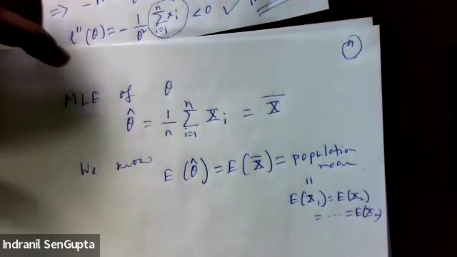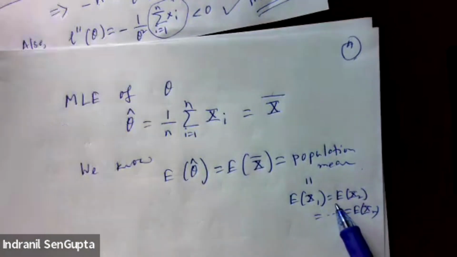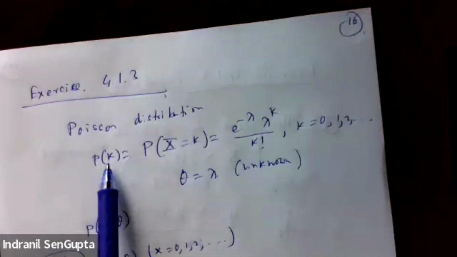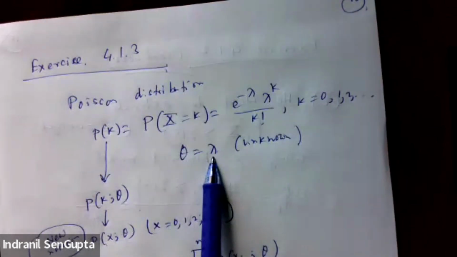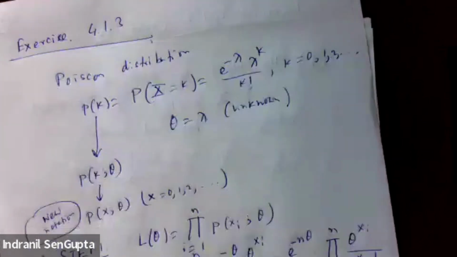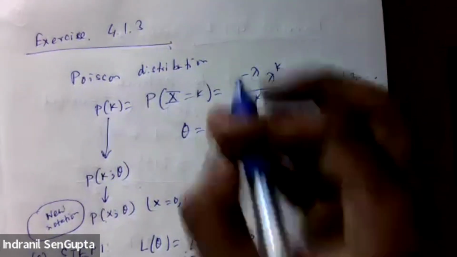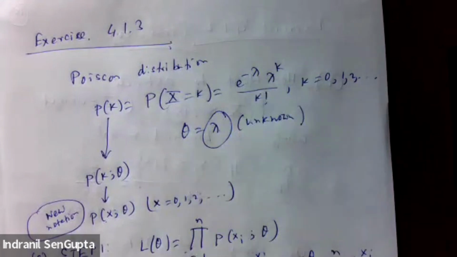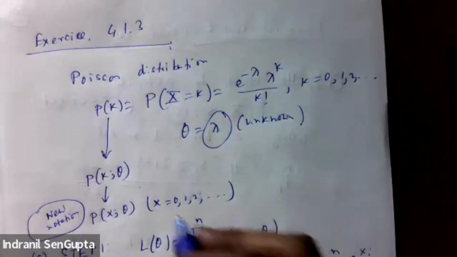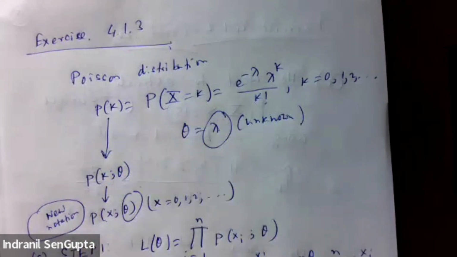This is what I mean by population mean: everything follows the same distribution. What distribution? They follow a Poisson distribution with parameter theta. The unknown is lambda, so everything follows a Poisson distribution with parameter theta. That's what we assumed.